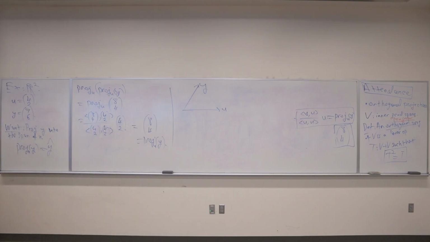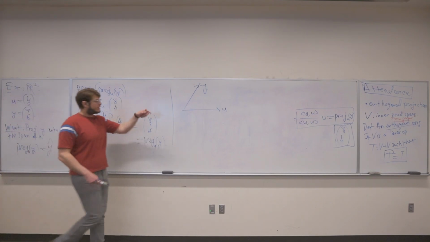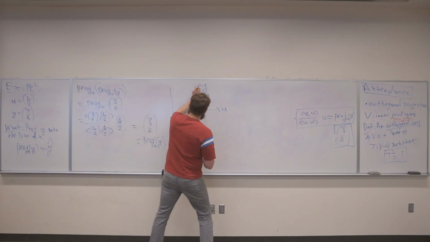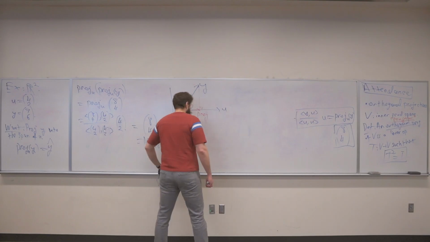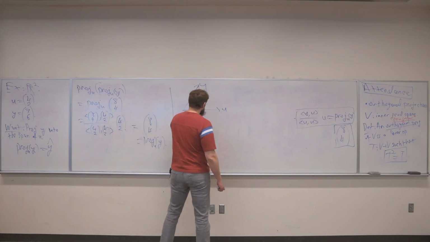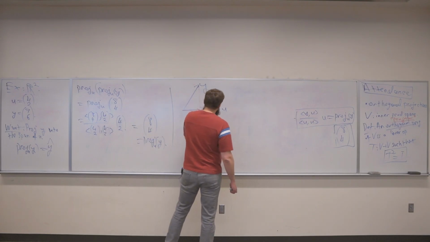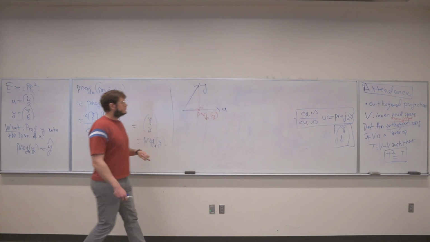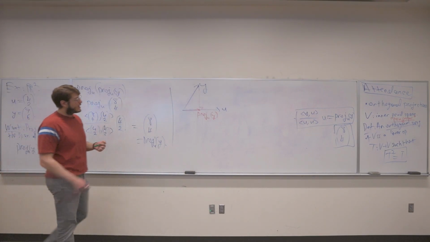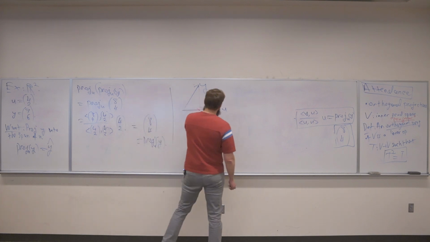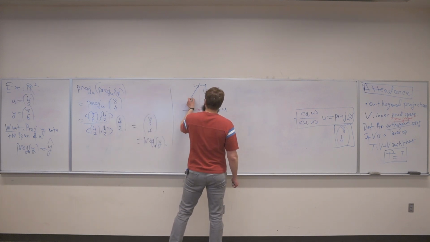It's going to be very similar, as you see, but if I project y onto u, I get something proportional to u. On the other hand, if I were to do it the other way around, if I were to project u onto y, I would get something proportional to y.